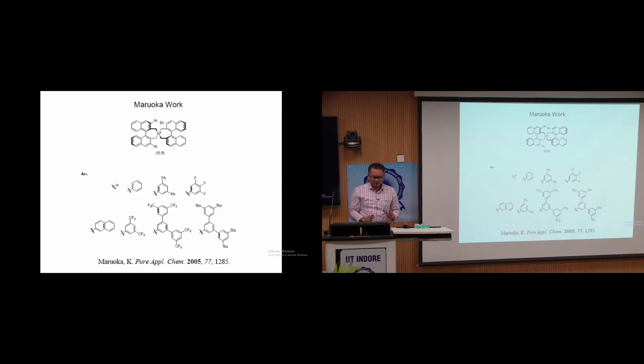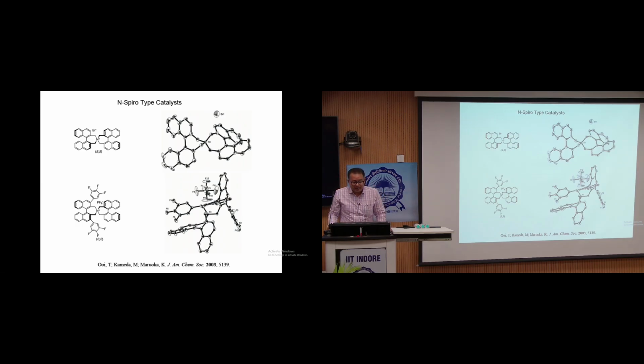We have seen that. It was the first report in 2025 in Pure Applied Chemistry by K.G. Morocco, where he showed these wide sections. He just synthesized these molecules with very nice enhancer selectivities. He showed how we can make this backbone. We did not know what he has made, but he explained the structures.